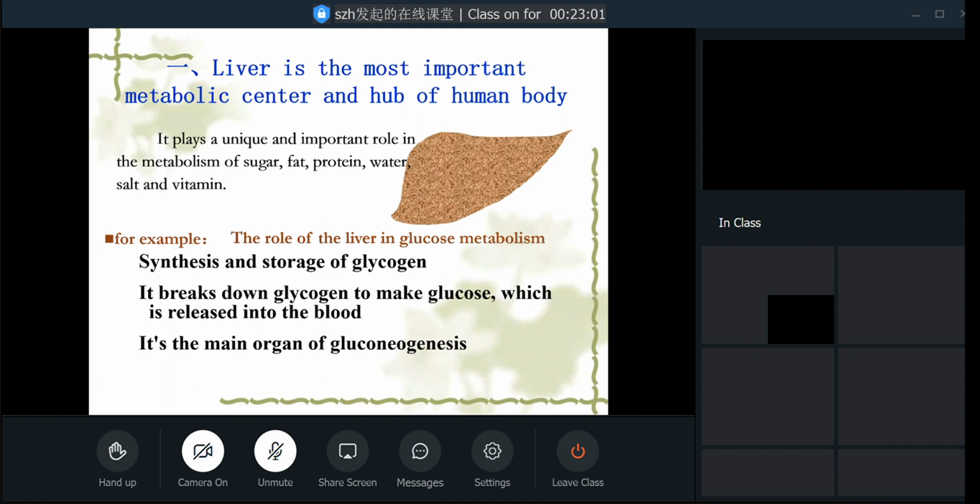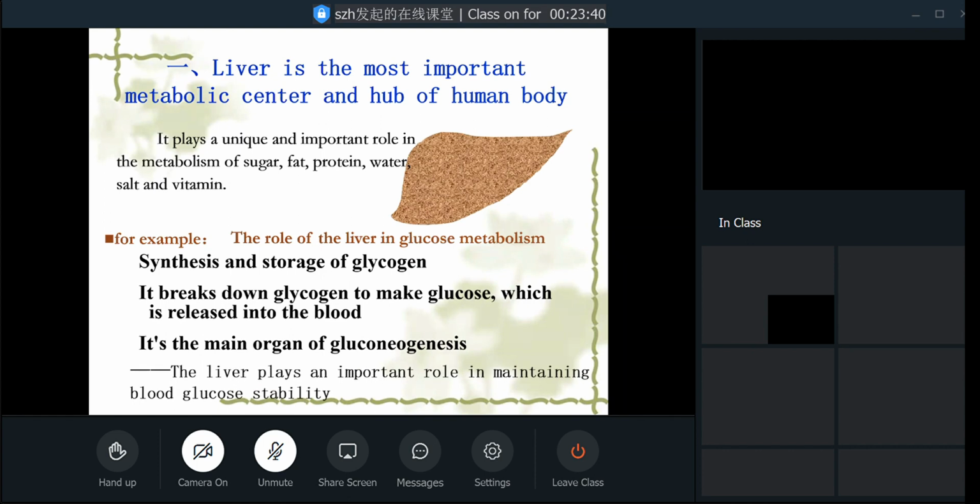It plays unique and important roles in the metabolism of sugars, fat, proteins, water, inorganic salt, vitamins, and so on. For example, the role of the liver in glucose metabolism is to synthesize glycogen; it is the main organ of gluconeogenesis. All these pathways we already studied.